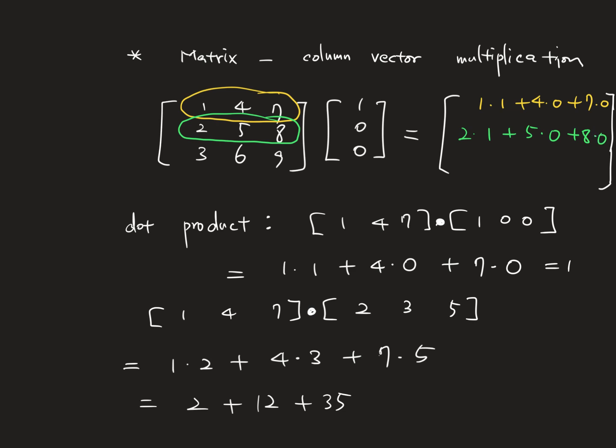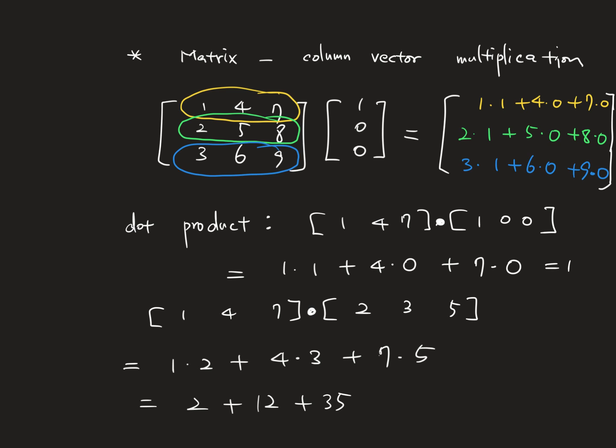Okay, and for the third component, we have to use the third row: 3 times 1 plus 6 times 0 plus 9 times 0. So using 3 dot products, we have a column vector. Okay, so this is the way to multiply a matrix by a column vector.